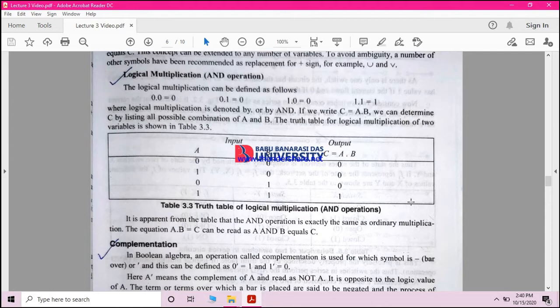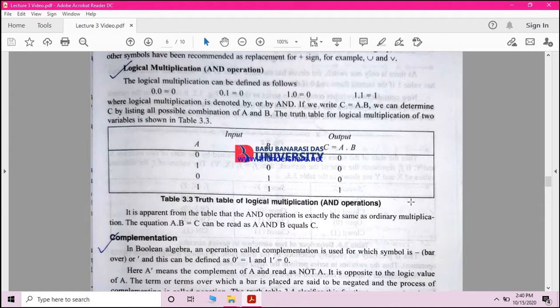It is also denoted by an intersection sign. So once again I will use the programming example. Let's assume in a program there are two conditions, condition 1 and condition 2. Your program says that when condition 1 and condition 2 are true, then only the next statement will execute.